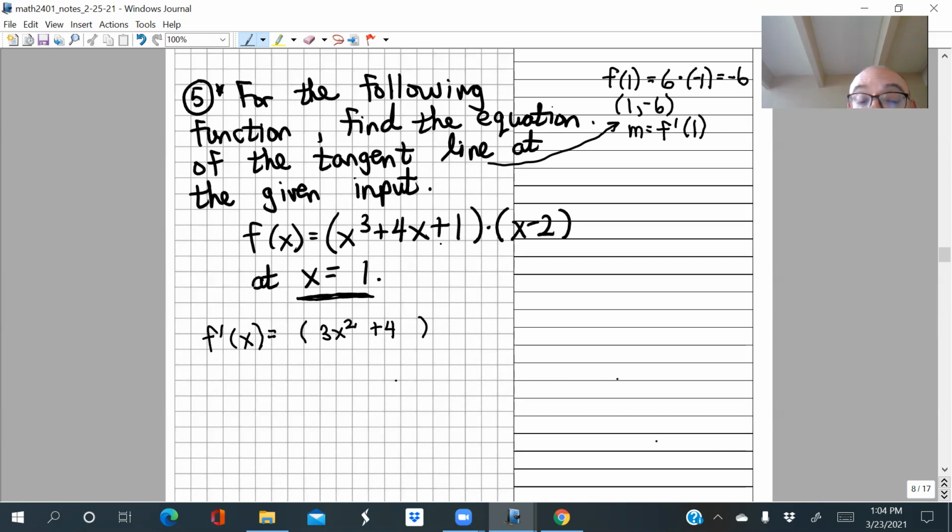Because that's a constant. Oh, so the derivative here is just 3x squared plus 4. And then remember, you keep the x minus 2. Then plus, because this is product rule, not quotient rule, so you add here, then you keep the x cubed plus 4x plus 1, and you multiply in the derivative of x minus 2.